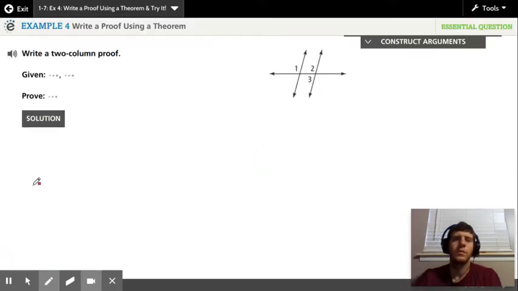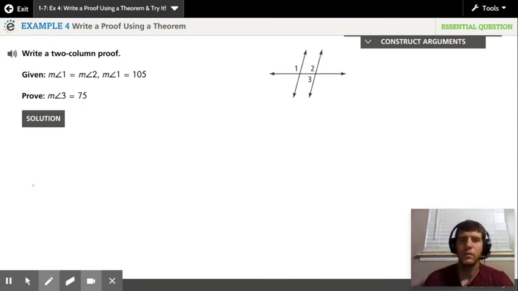So we want to write a two-column proof. We are given that the measure of angle 1 equals the measure of angle 2, and the measure of angle 1 equals 105. And we want to prove that the measure of angle 3 is equal to 75 degrees. In the two-column proof, you're always starting with statements and reasons.